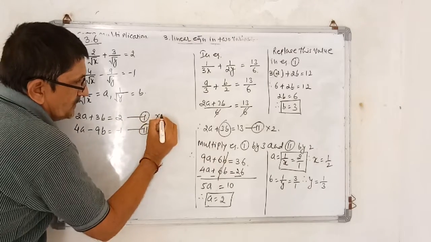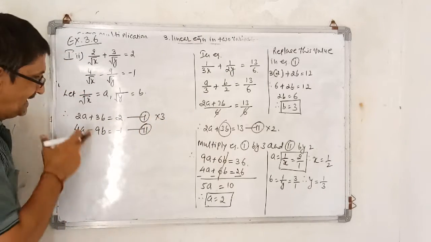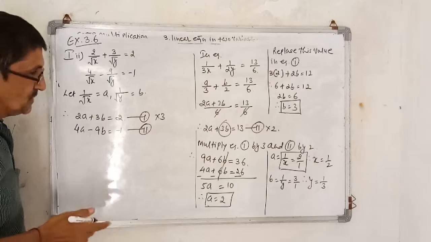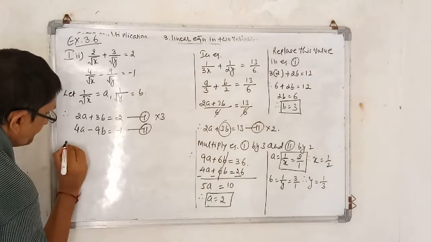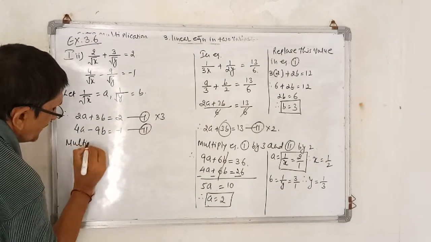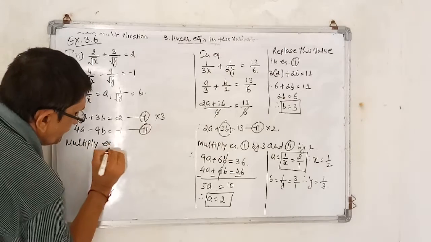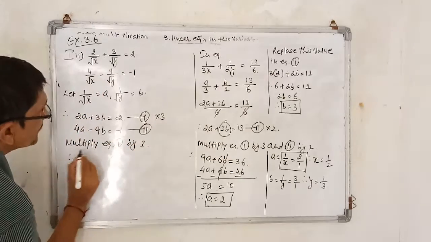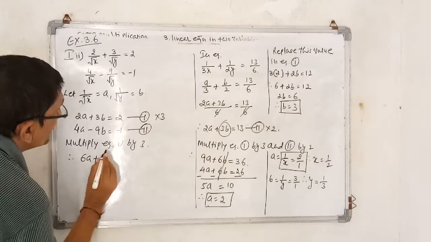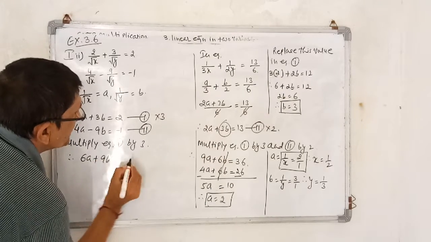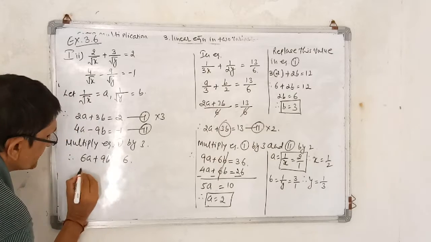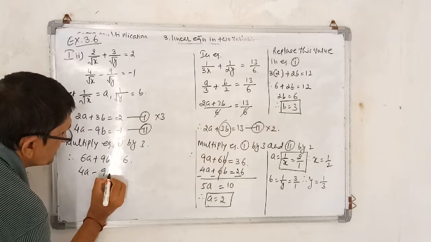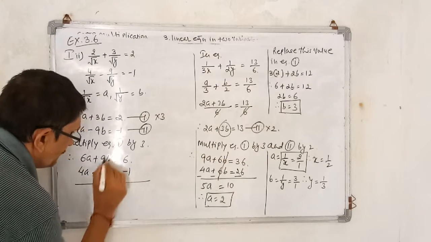So if you multiply this equation by 3, 3 nines are 9 and the opposite sign is there, so no need to change the sign. So multiply equation 1 by 3. Therefore 3 2s are 6a plus 3 3s are 9b is equal to 3 2s are 6. And 4a minus 9b is equal to minus 1.